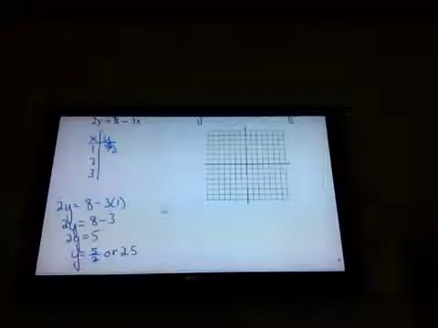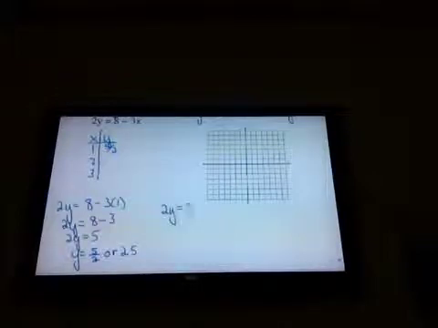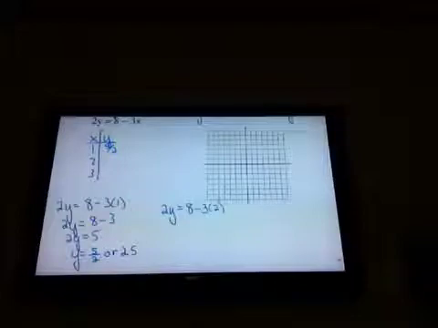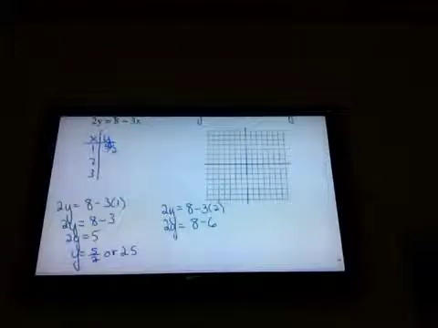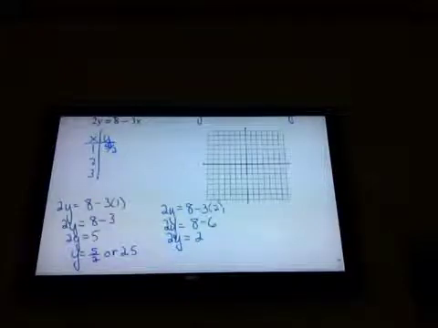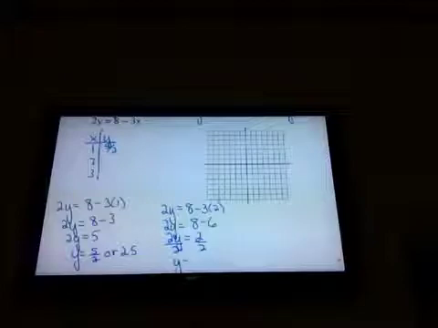Now I plug in 2, so 2y equals 8 minus 3 times 2. 2y equals 8 minus 6. 8 minus 6 is 2. And divide by 2. And y is 1.